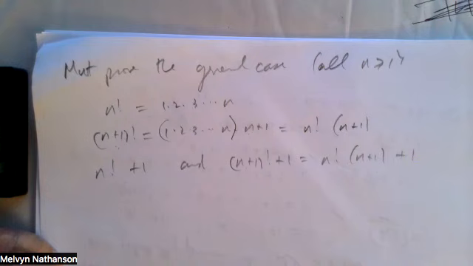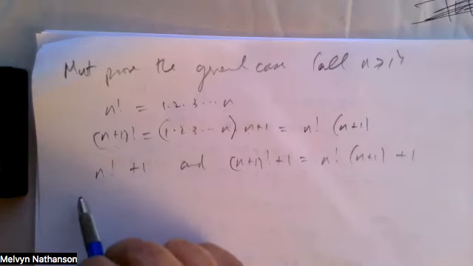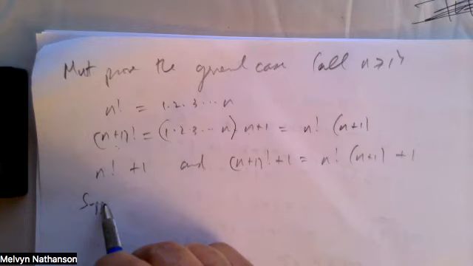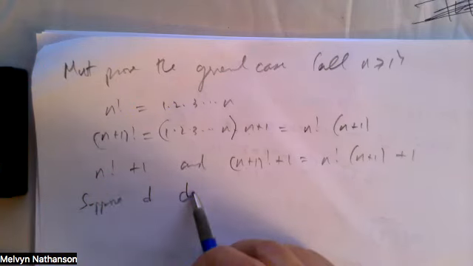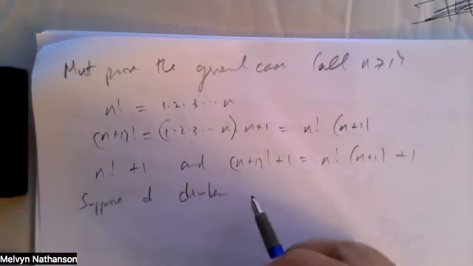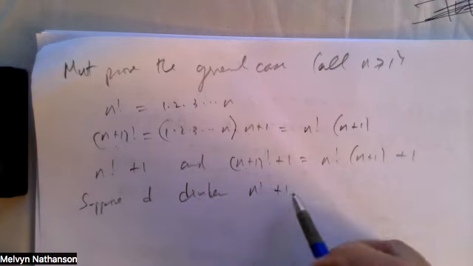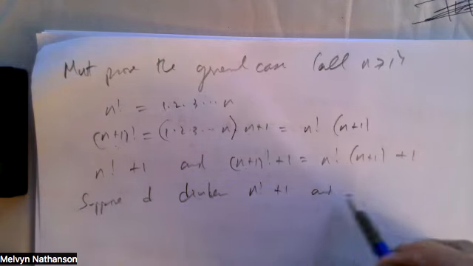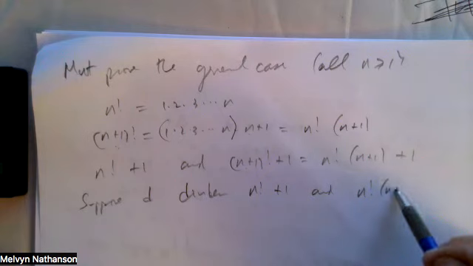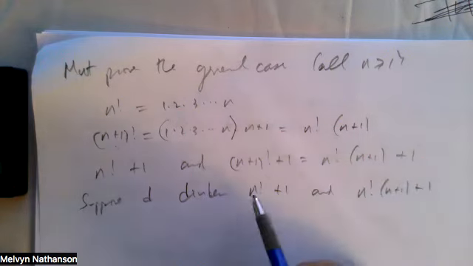So how do I prove that these are relatively prime? So let's just experiment. Suppose D divides both of these numbers, n factorial plus 1 and n factorial times n plus 1 plus 1.